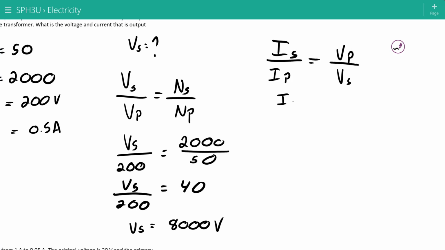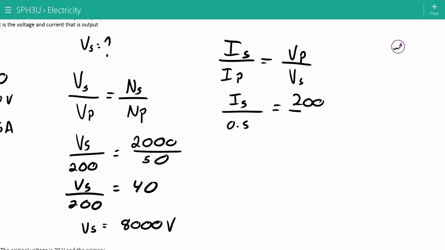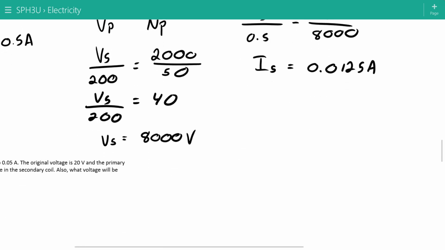So here I've got IS over my input current was 0.5. My primary voltage was 200, and my secondary voltage was 8,000. So 0.5 times 200, over 8,000. And I get a secondary current of 0.0125 amps, which is a pretty small current, but currents do get to be that small.